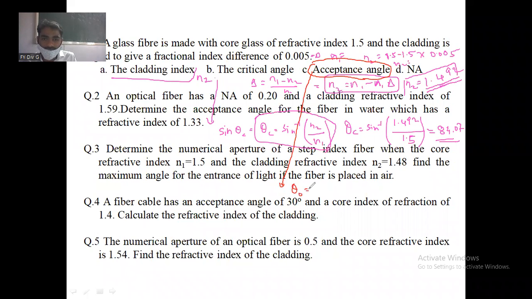Theta 0 is equal to sine inverse into 2 delta. Square root of n1 square minus n2 square. Okay, we have n1 and n2, so you can put the values of n1 and n2 in this formula and calculate the acceptance angle.